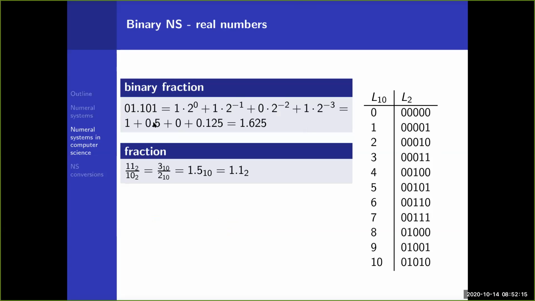Of course, in the binary system, we can also have fractions. If we have a binary fraction, not a decimal fraction, we can calculate its value the same as for a decimal one. It's enough to multiply the particular digits by the proper position.